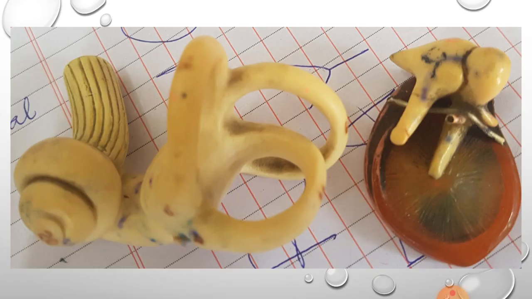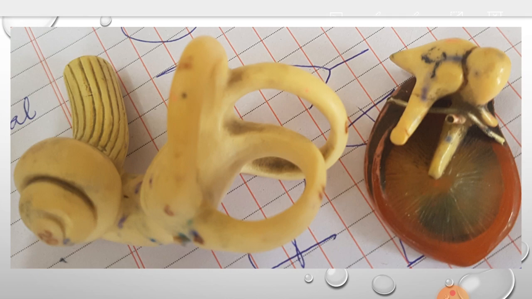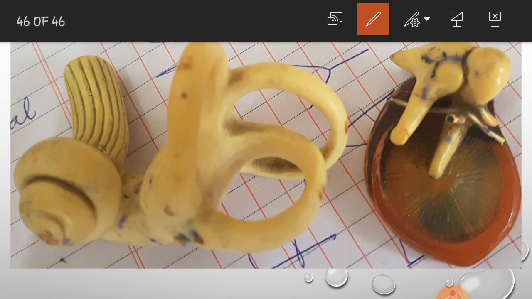Here in this diagram we can see the medial surface of the tympanic membrane. This is the sulcus tympanicus. This is the tympanic membrane, pars tensa. This is the head of malleus. This is the body of incus, short process of incus, long process of incus, lenticular process of incus.